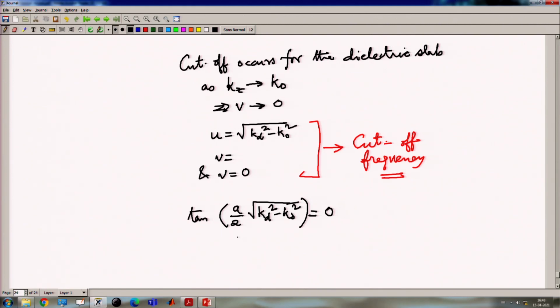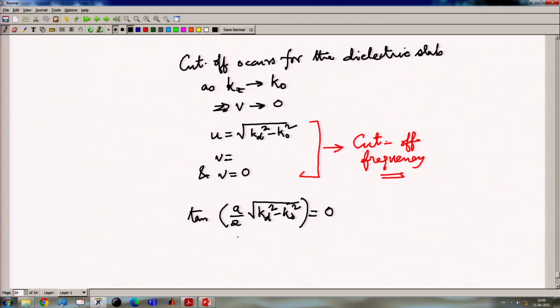So, we can look at equation number 19 and substitute u equal to root of k d square minus k 0 square. Since v tends to 0, the right hand side of 19 tends to 0, and because u cannot be 0, this equation can be obtained from equation 19.